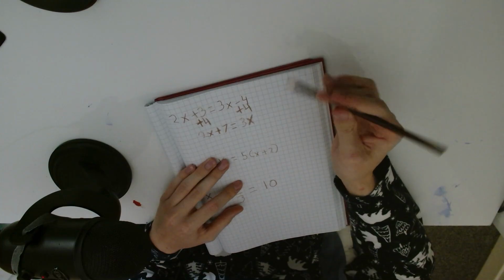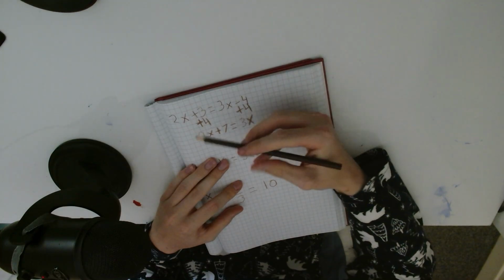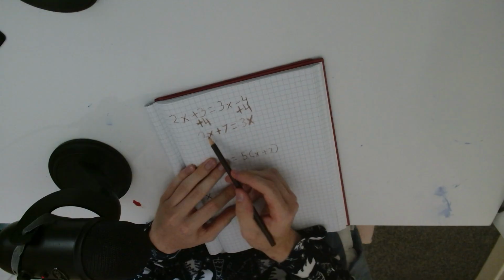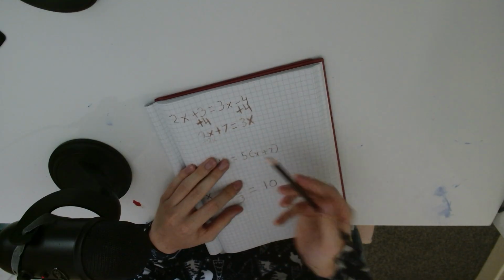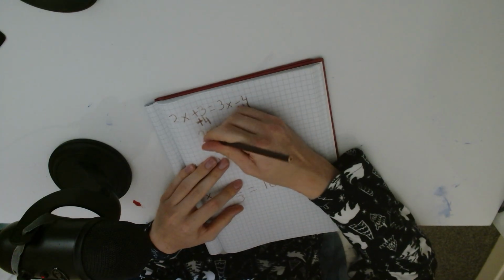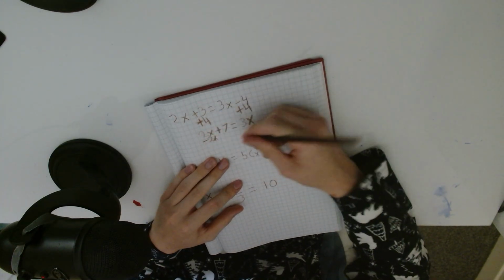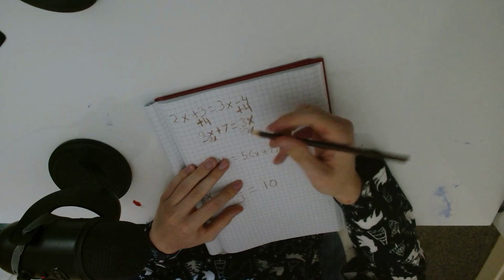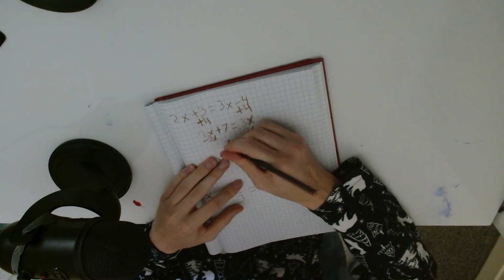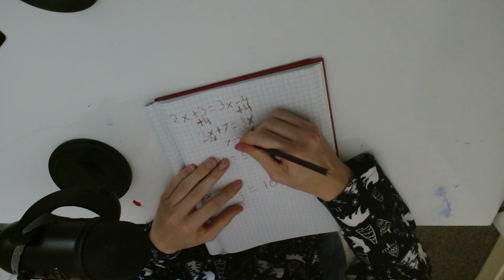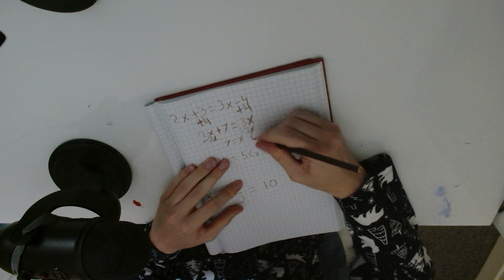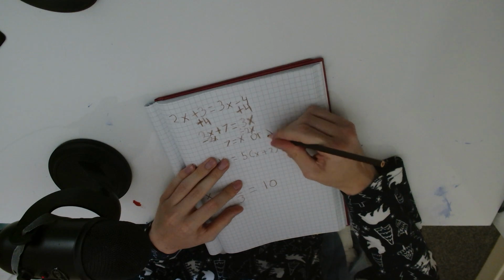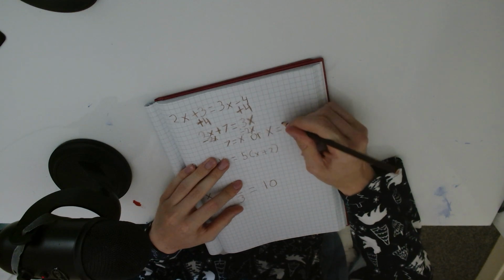And then we're gonna minus 2x from this side. We're gonna minus 2x and then minus 2x. So we're left with 7 equals x, or x equals 7.